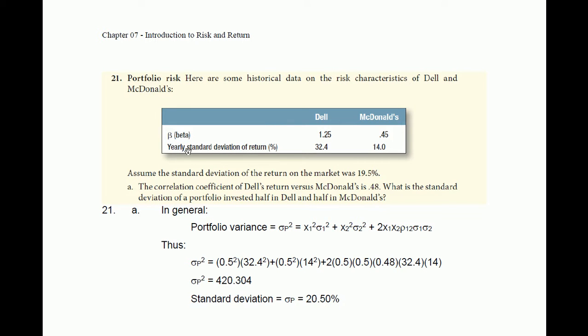And the sigma is 32.4 for Dell and 14 for McDonald's. Question A. The correlation coefficient of Dell's return versus McDonald's is 0.48. What is the standard deviation of a portfolio invested half in Dell and half in McDonald's?